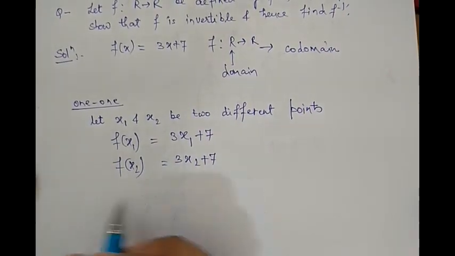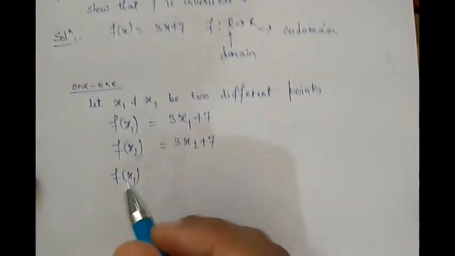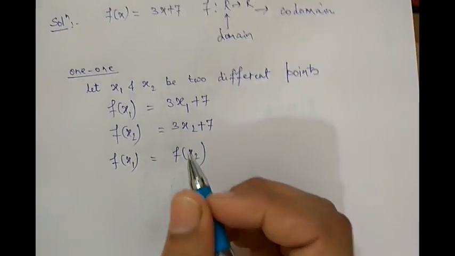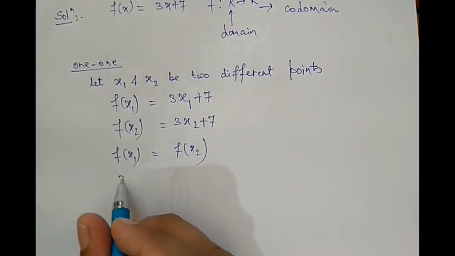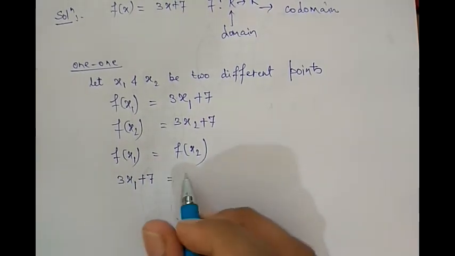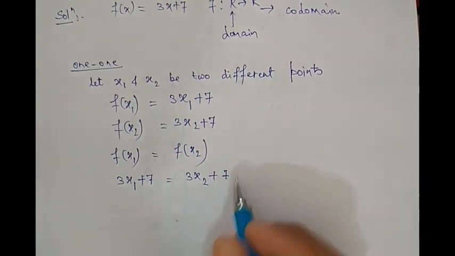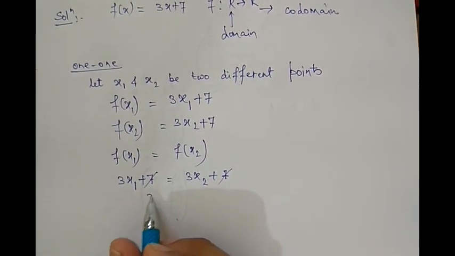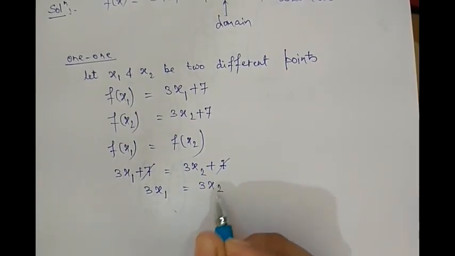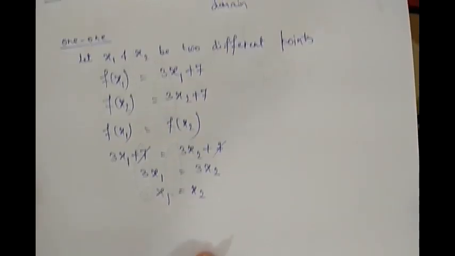Next step is, you will put f(x1) equal to f(x2). So this will be 3 times x1 plus 7 equal to 3 times x2 plus 7. This will get cancelled out. You will write 3 times x1 equal to 3 times x2, so x1 is equal to x2.